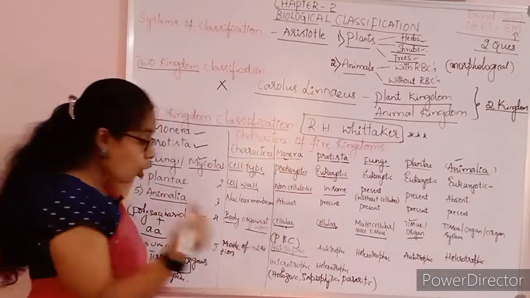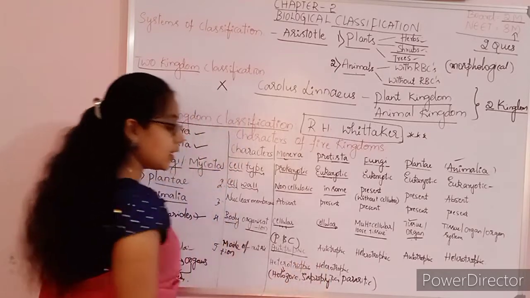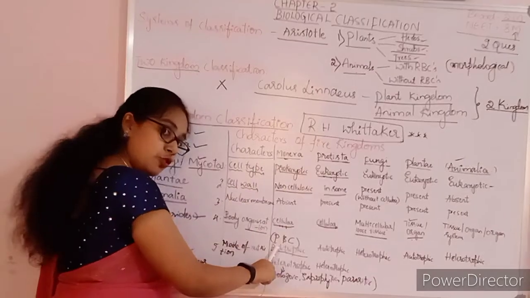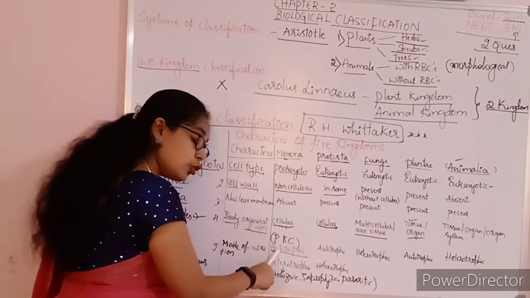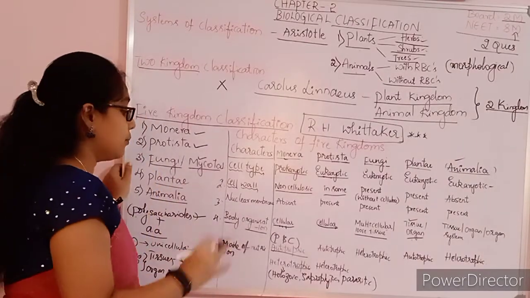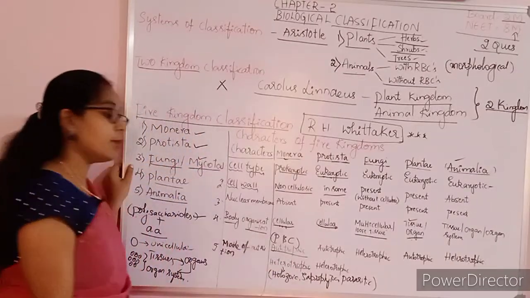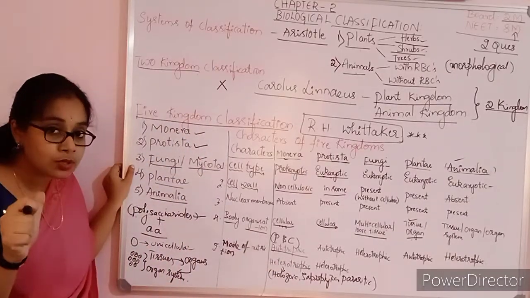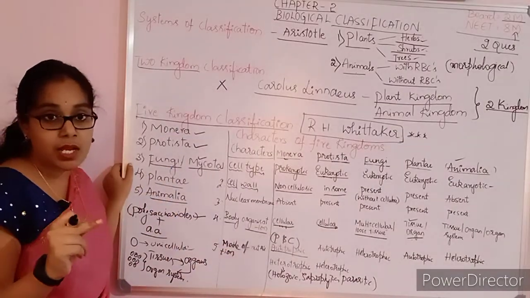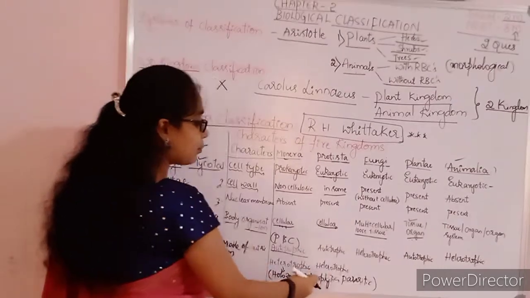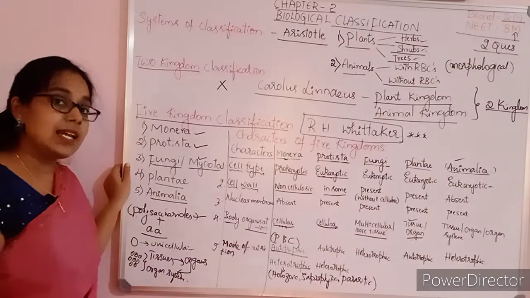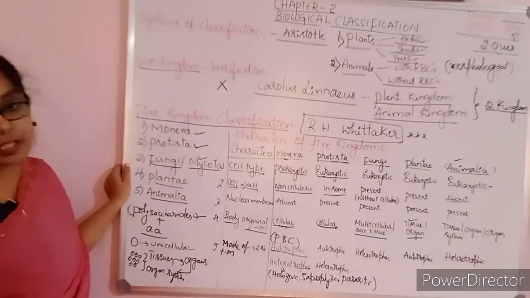These are the different types of heterotrophic nutrition. Please remember, Monera are both heterotrophic and autotrophic. Autotrophic has two types, photosynthetic and chemosynthetic. Heterotrophic has three types: holozoic, saprophytic, and parasitic. If you don't know the meaning of holozoic, saprophytic, parasitic, chemosynthetic and photosynthetic, you will definitely come to know in the upcoming videos.